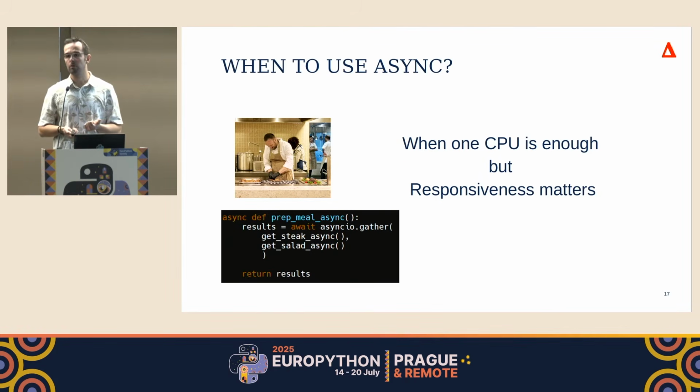And that might be a good place to think about async, right? When one CPU is still enough for you, but responsiveness matters. If you are cooking a meal that involves a lot of multitasking, you need to do one thing and then go chop some vegetables and boil them. You shift one pot to another pot. You look at the grill, turn the steak.